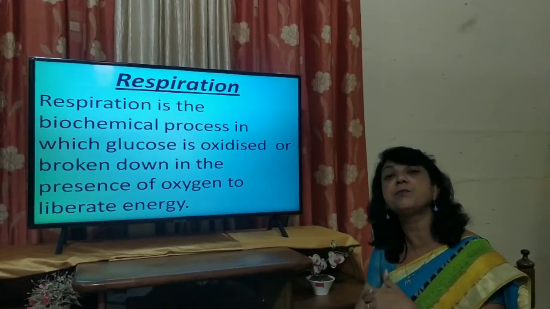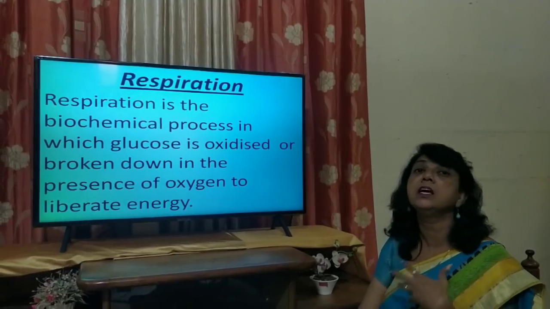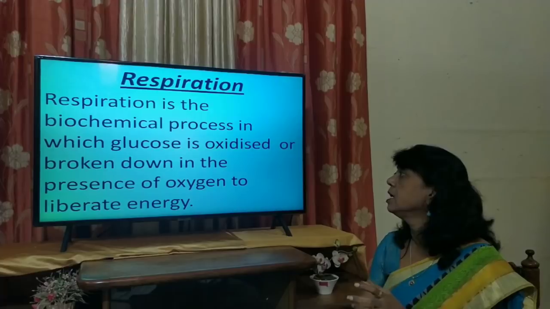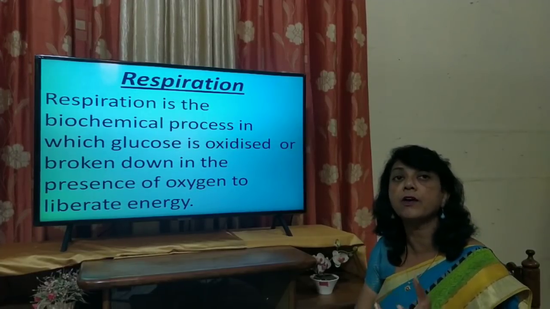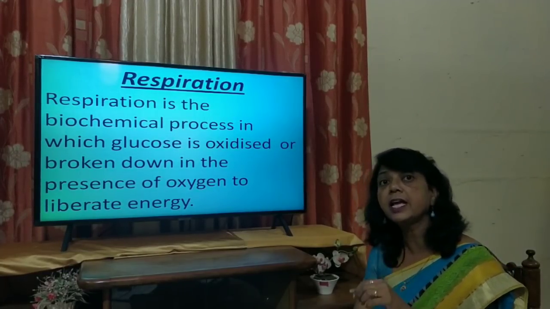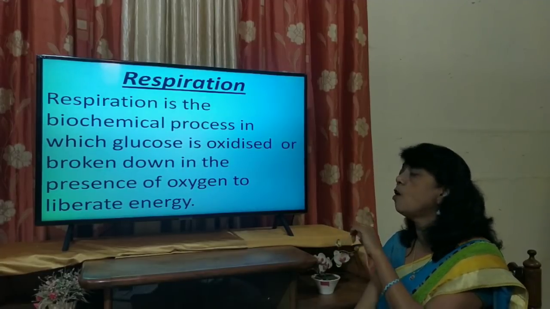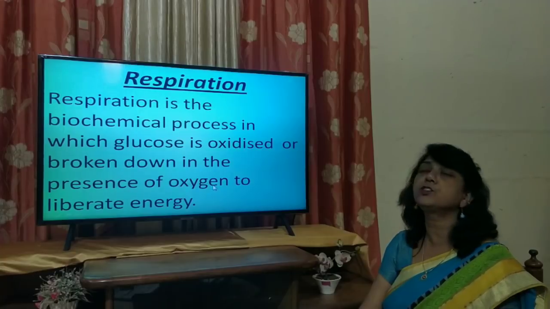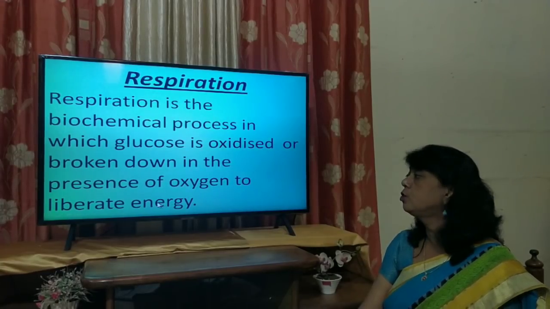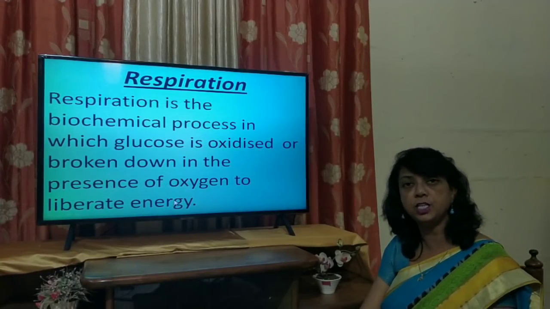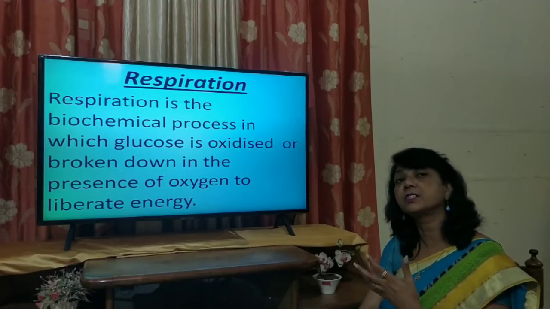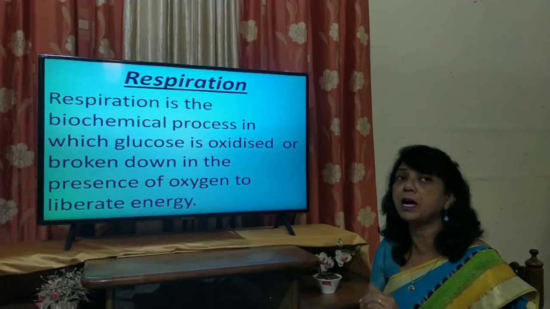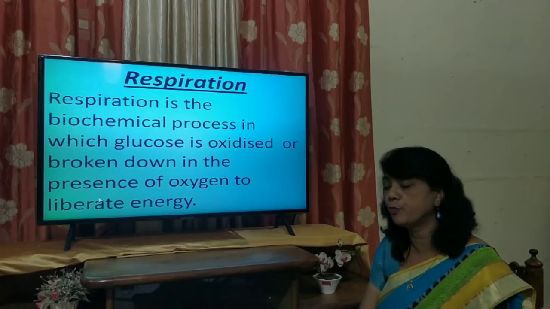It says it is a biochemical process, meaning chemicals are involved in this process in which glucose, an organic compound, is broken down or oxidized in the presence of oxygen to liberate energy. That means it gives us energy, and carbon dioxide is a byproduct or a waste product.